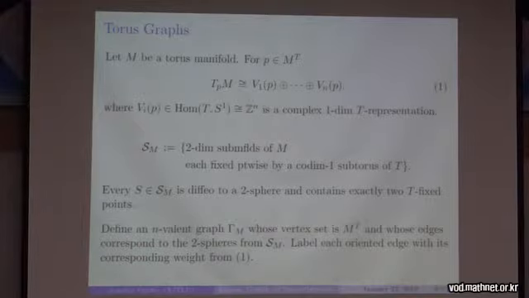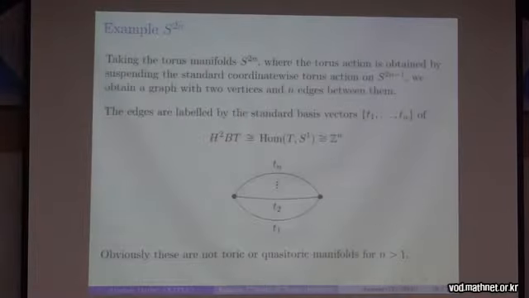Okay, so it's n-valent, and we label each of the oriented edges with its corresponding weight coming from the decomposition of the tangent space as the sum of n complex one-dimensional representations. So we're getting an n-valent graph with its edges labeled by irreducible representations of the torus.